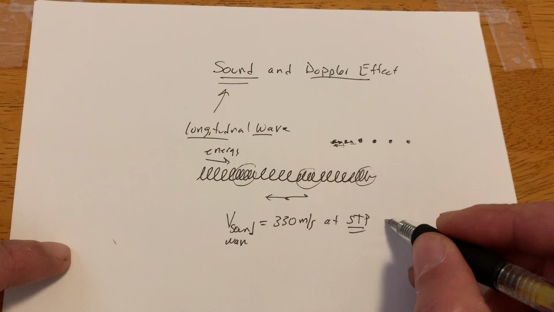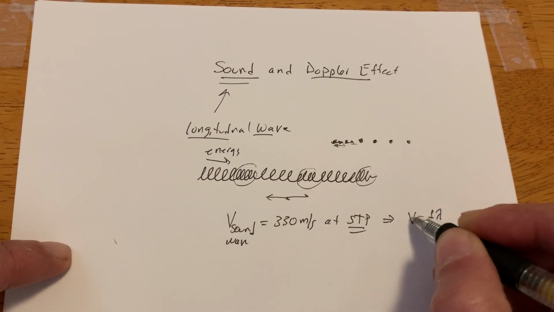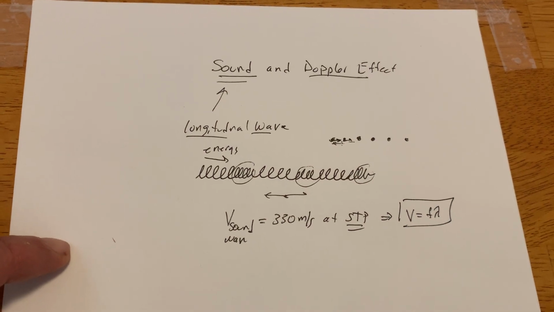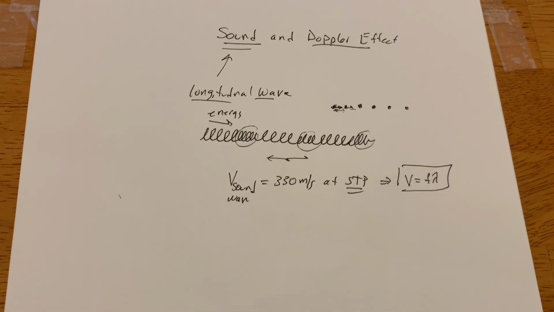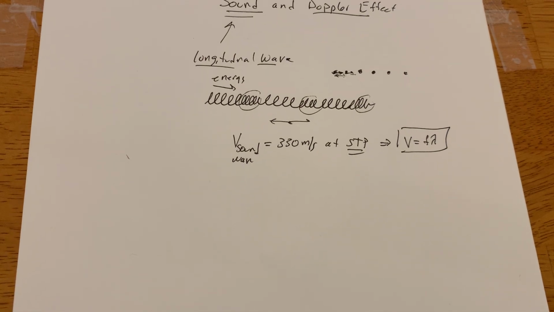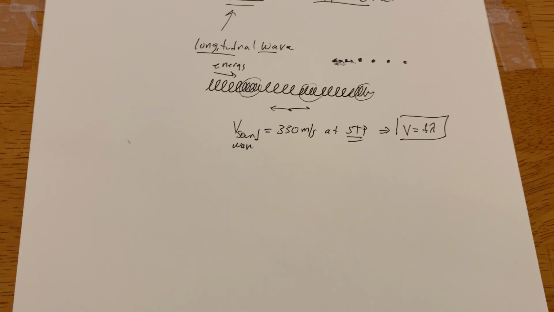So if that's said, we're going to use velocity equals frequency times wavelength, and we might be able to find some information. I'm not going to get too crazy with this now. Maybe I'll give you some problems on a test or something, but we'll just see how that goes.